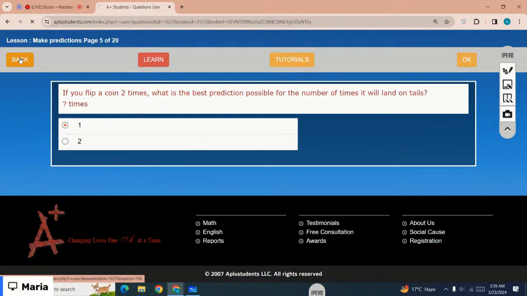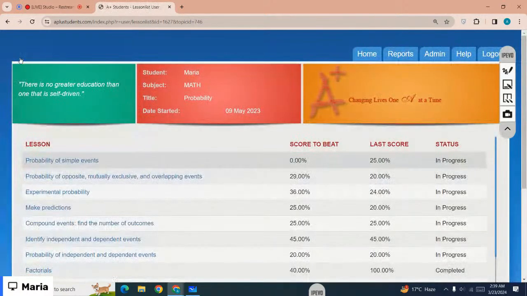Okay, you can complete the lesson by yourself later today. So, we were working on grade 7 math.